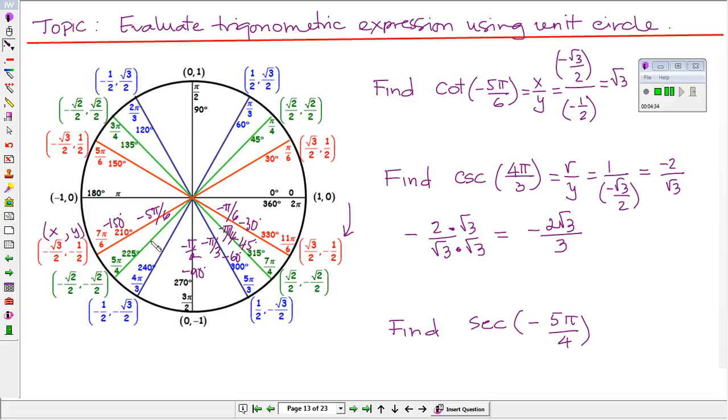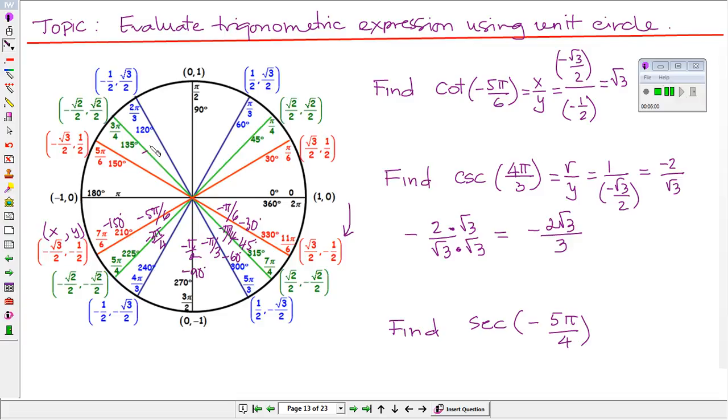Negative 1 pi over 4, negative 2 pi over 4, so I'm so sorry. Let's start all over again. Negative 1 pi over 4, which is negative 45 degrees. Negative 2 pi over 4, which is negative 90 degrees. Negative 3 pi over 4, which is negative 135 degrees, and negative 4 pi over 4.